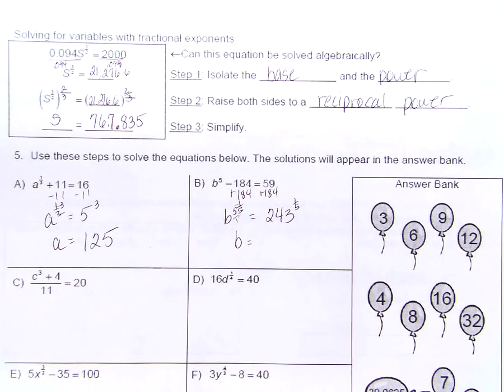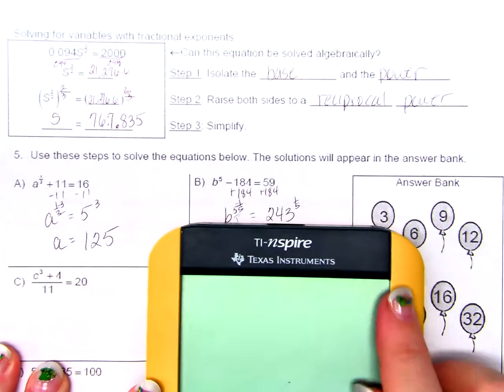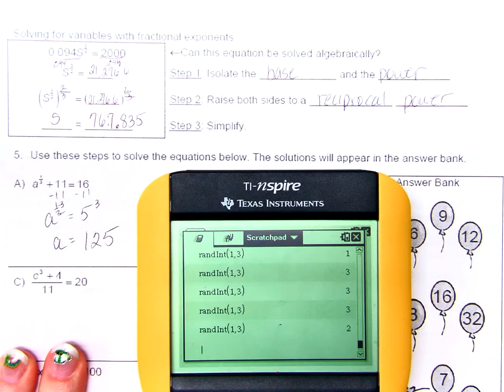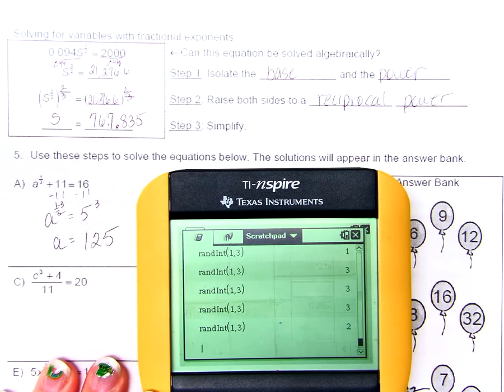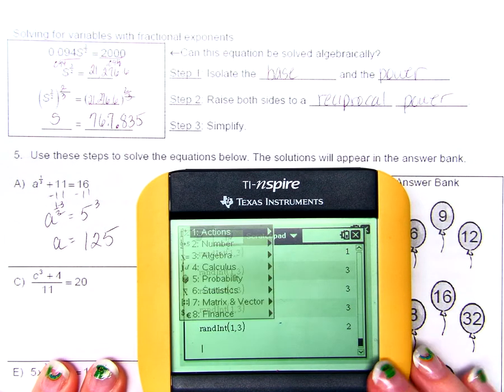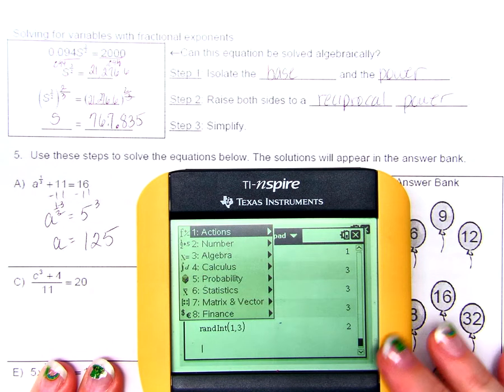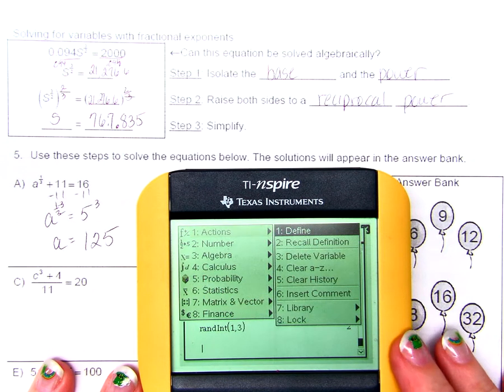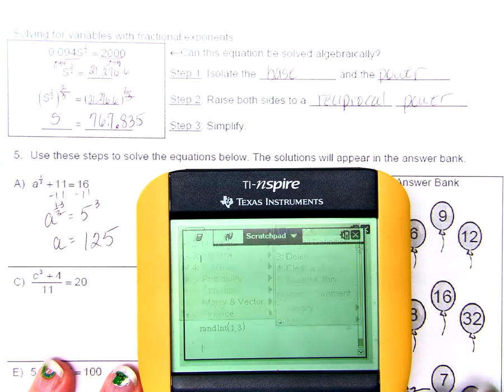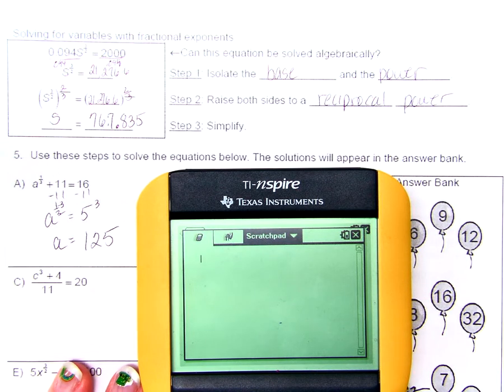Let's have a talk for just a second about the calculator. You know very well that we could say, here, let me clear this away. Sorry about that. Actions, clear history, right there, for my scratch pad. Everybody know that? If we're on the scratch pad, we can say menu.